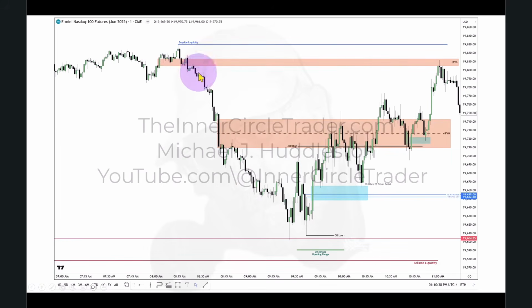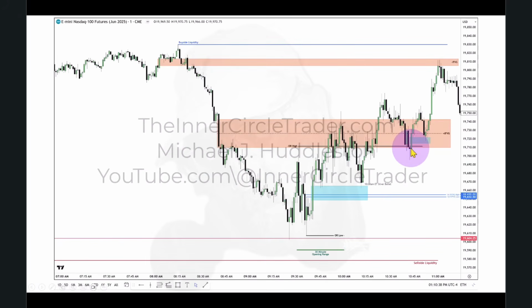But when the market changed gears, that turns this into what? A premium array in the form of an inversion fair value gap. The market goes down into the opening range high and the low of this inversion fair value gap. That was the measuring gap. So it's basically forming a pseudo market maker buy model. Okay, that's what it's basically forming.